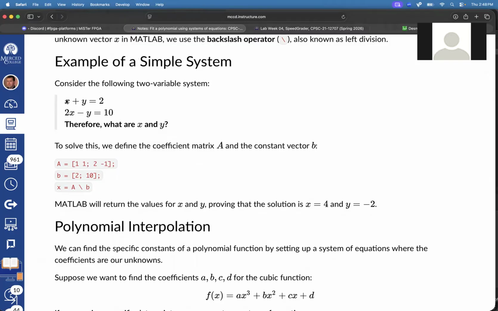A system of equations is just one or more equations. I guess you would want more than one, right? Because if it was simply one equation, you wouldn't call that a system. You would just call that an equation. So this system of equations is two equations with two variables, x and y. Okay, and what we want to do is figure out what is x and what is y.